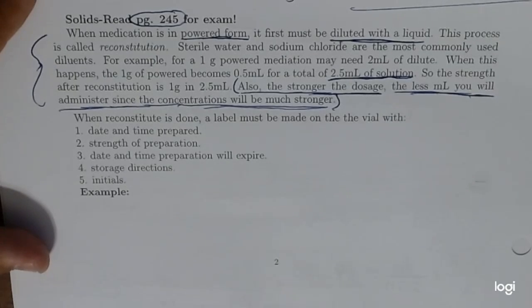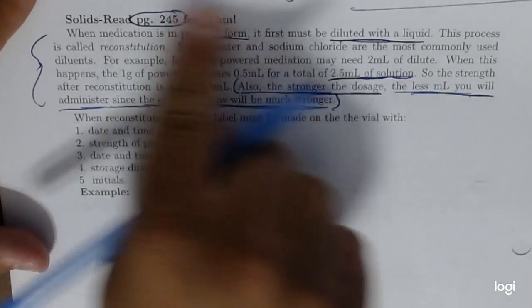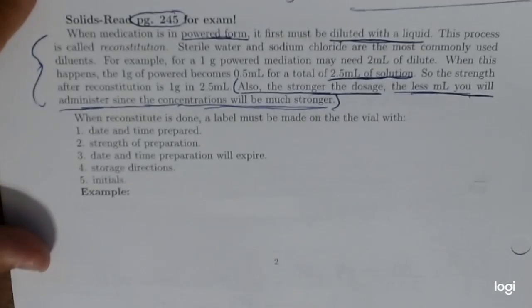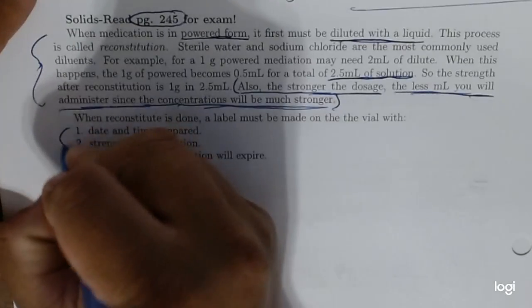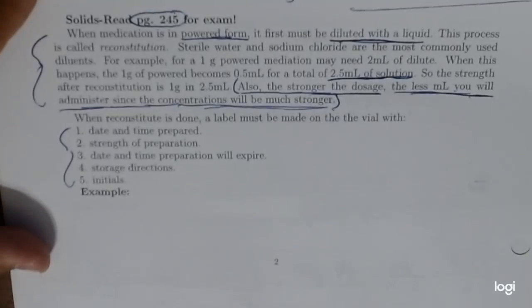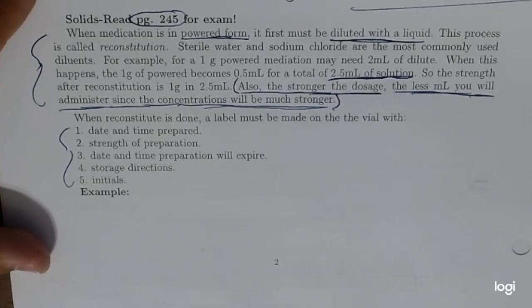The first thing I want to do is, once you reconstitute, how do you make a label after you do this reconstitution? After you dilute the medication, how to rewrite it. There are 5 simple steps to do that. The first thing you want to do on a new vial is write the date and time you prepared it. Write the strength of preparation, so the actual strength now.